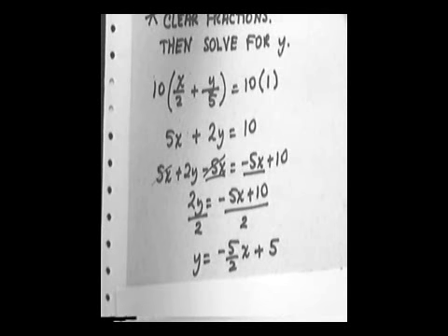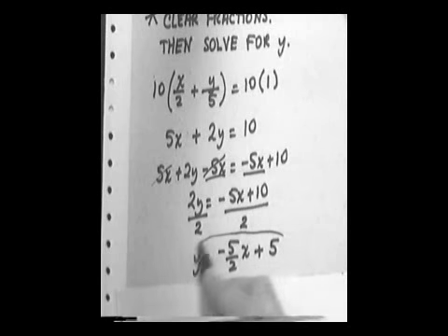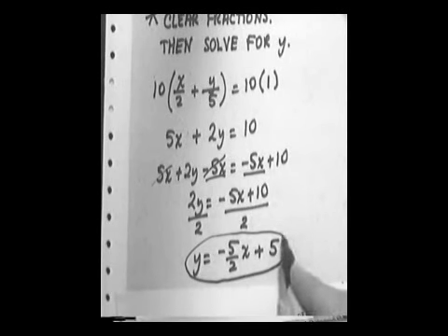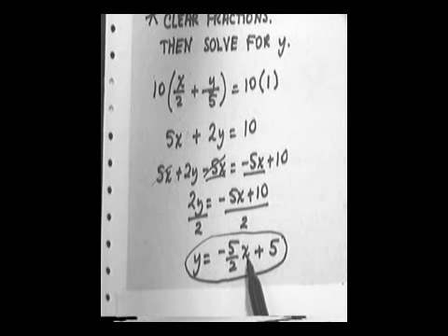So here is the form that we will use for our graph. Since we have y by itself, it's very easy to tell what values of x would be smart choices.